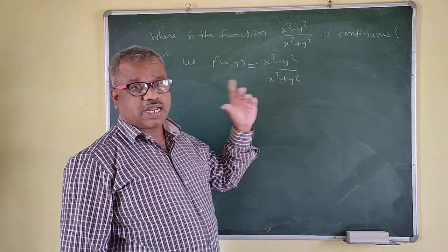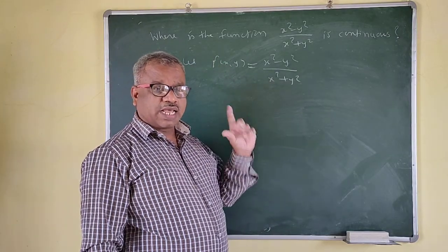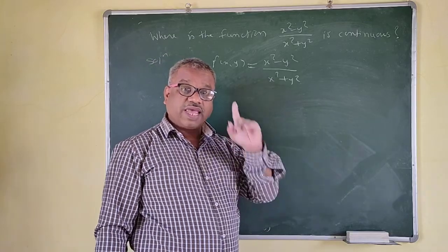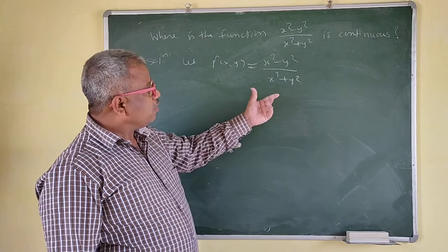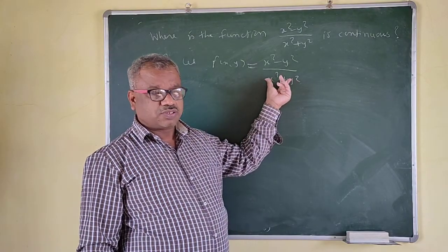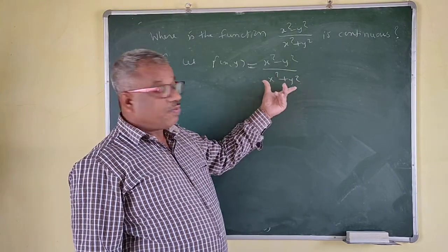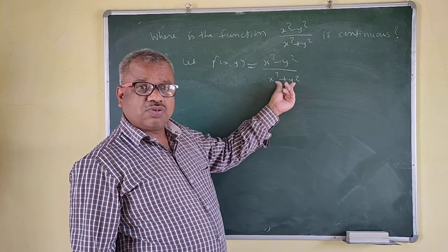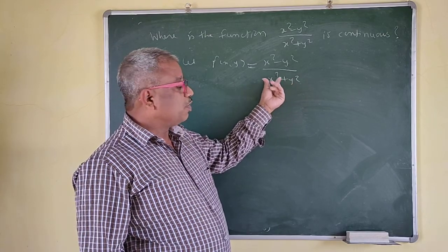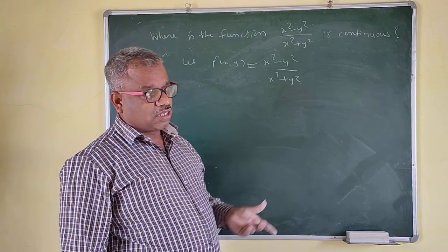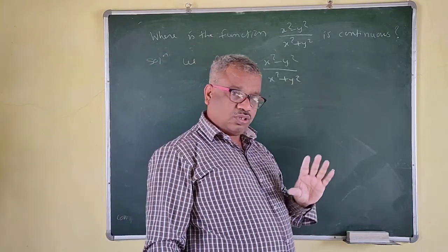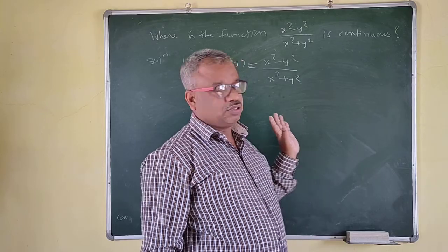The rational function is continuous everywhere except at the zeros of the denominator. The denominator is x square plus y square. It is 0 only at x equal to 0 and y equal to 0, because x square and y square are both non-negative, and the sum is 0 if and only if both numbers are 0.